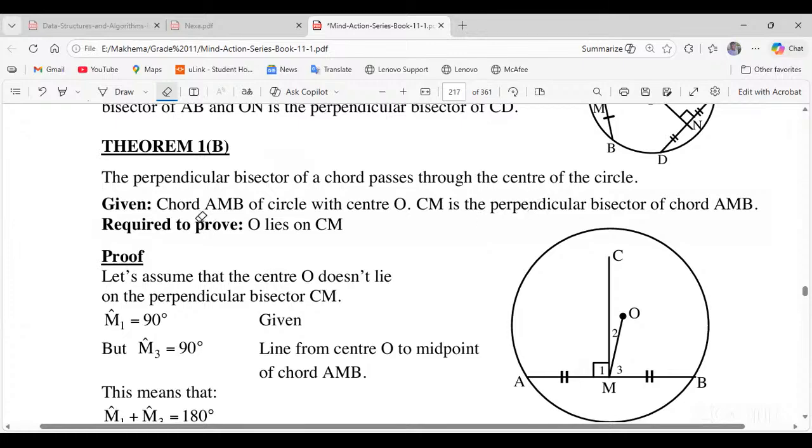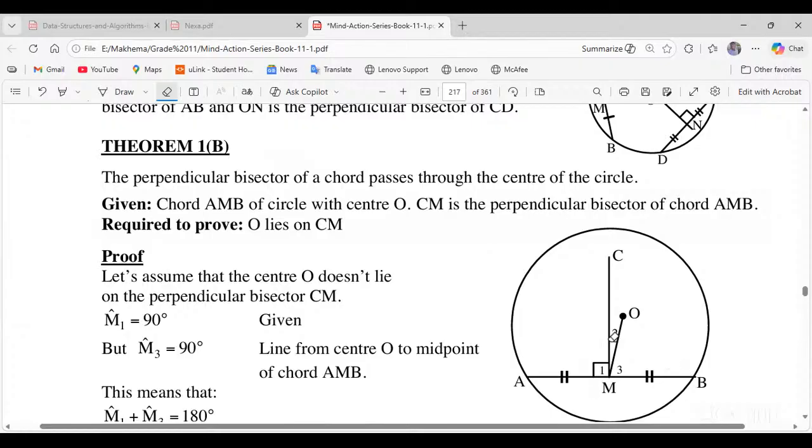Okay. Given now that the chord AMB with the center O, CM is the perpendicular bisector of the chord AMB.